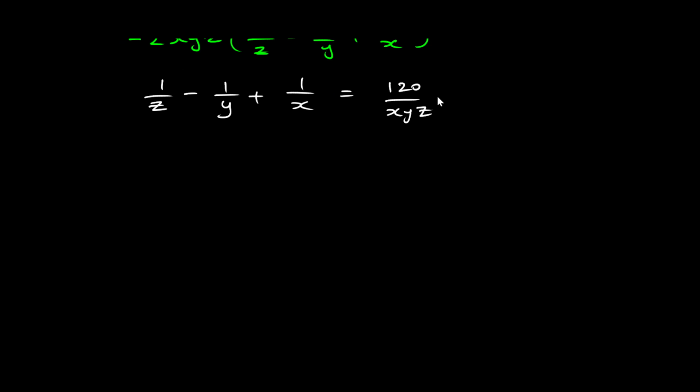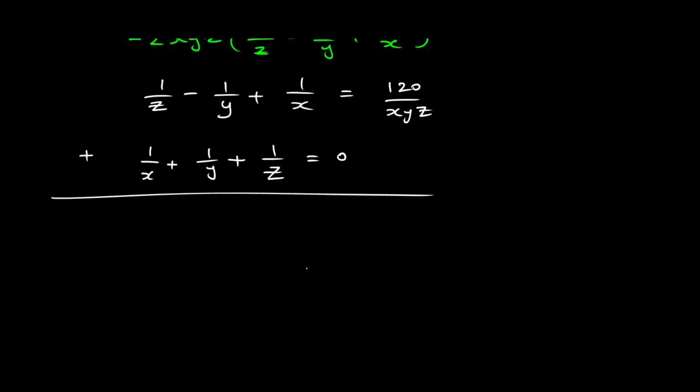So we could actually use simultaneous equations and add both of those equations. So this is 1 over x plus 1 over y. And let's add both of these equations.